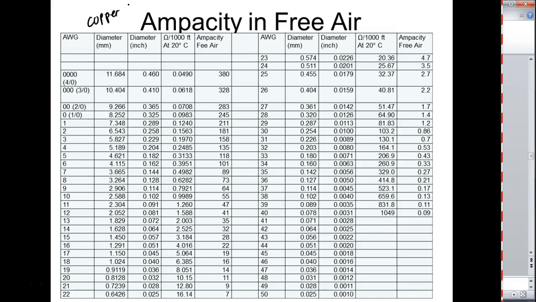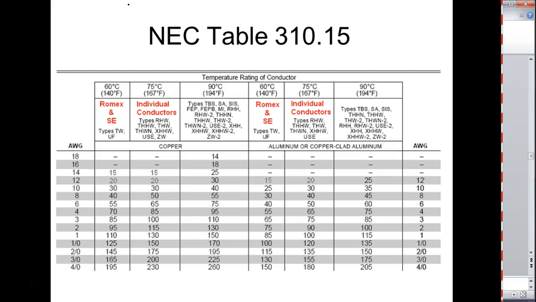So the ampacity would actually be different for the two main conductors we have, of course, copper and aluminum, right? You understand? Rule of thumb, by the way, is to increase the size by 1 gauge if you go from copper to aluminum.